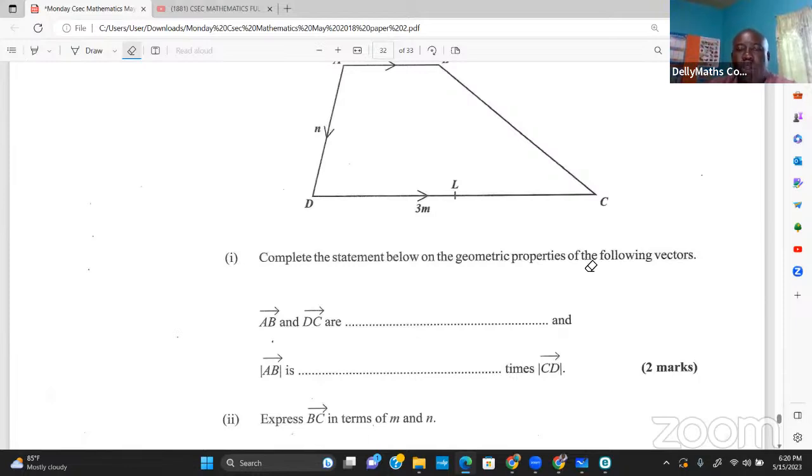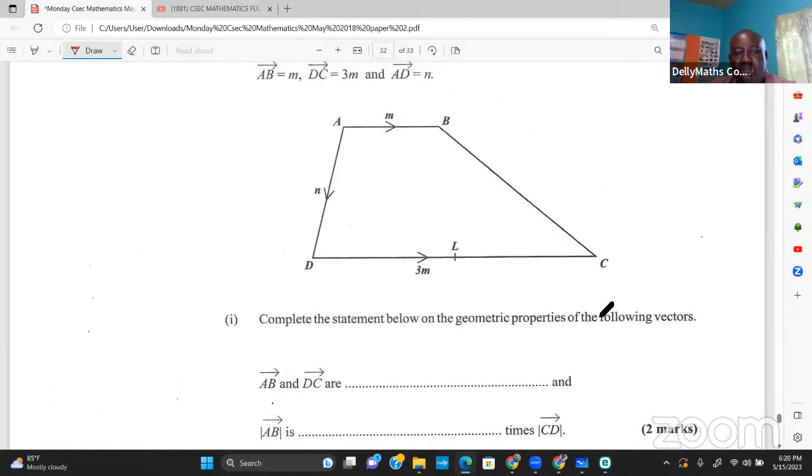Complete the statement below on the geometrical property of the following vectors. AB and DC are what? AB and DC, let me highlight them. Look at the arrows on them and everything.